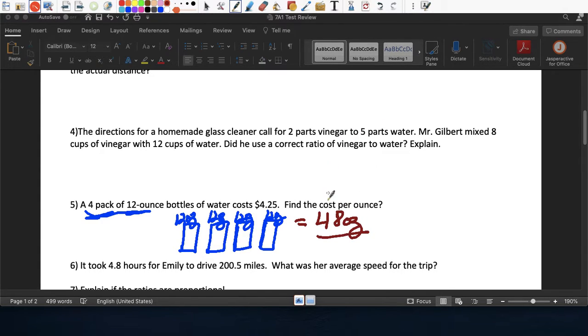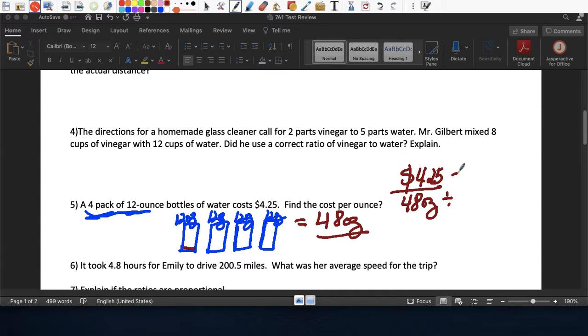So now, they're asking us how much is each ounce, right? How much is each little sip that you take, which is about an ounce. So you pay $4.25 for how many ounces? For 48 ounces, which is the total of all 4 bottles.